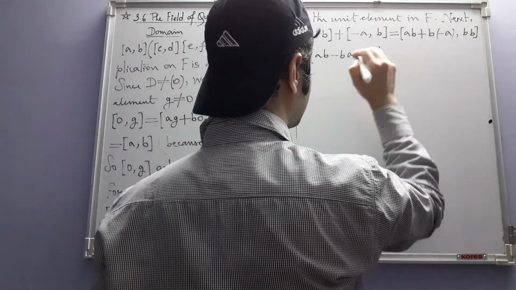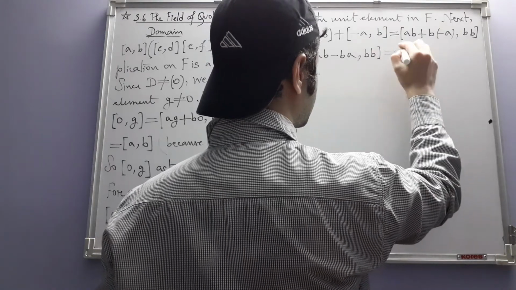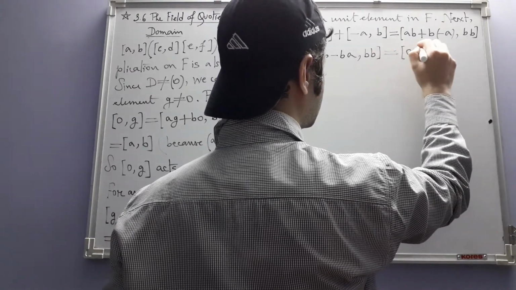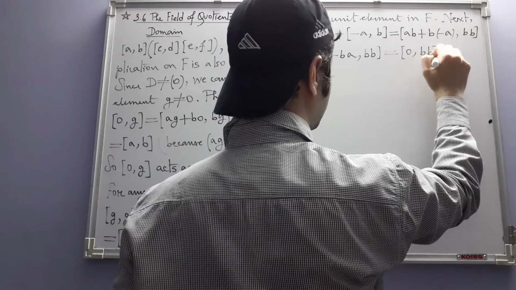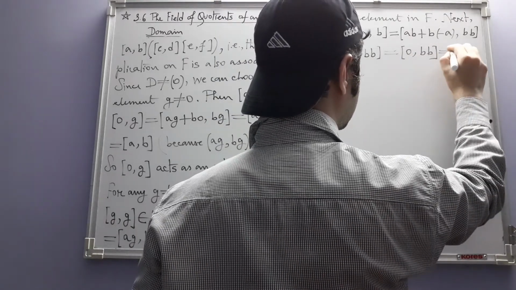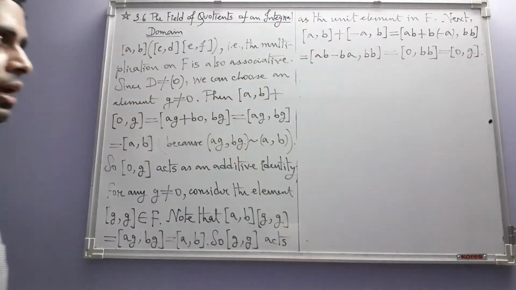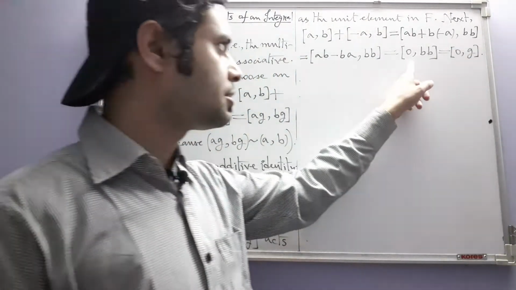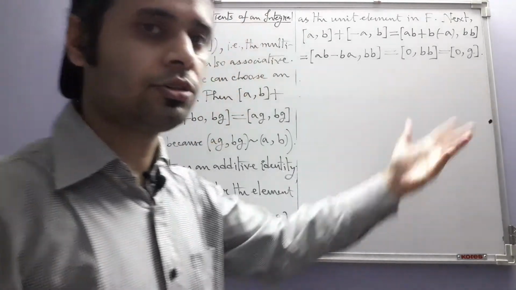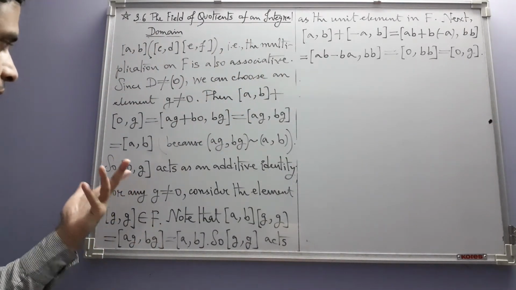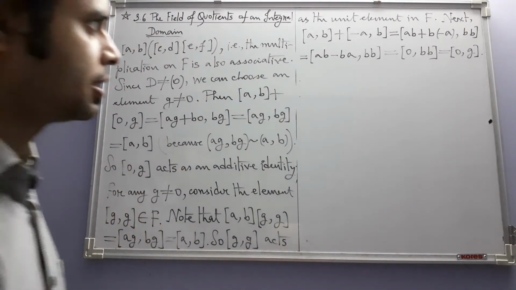So this is equal to (0, bb), and this is equal to (0, g). That is the additive identity, because you can see that these two things are actually equal. The denominator does not matter, as we have already said.